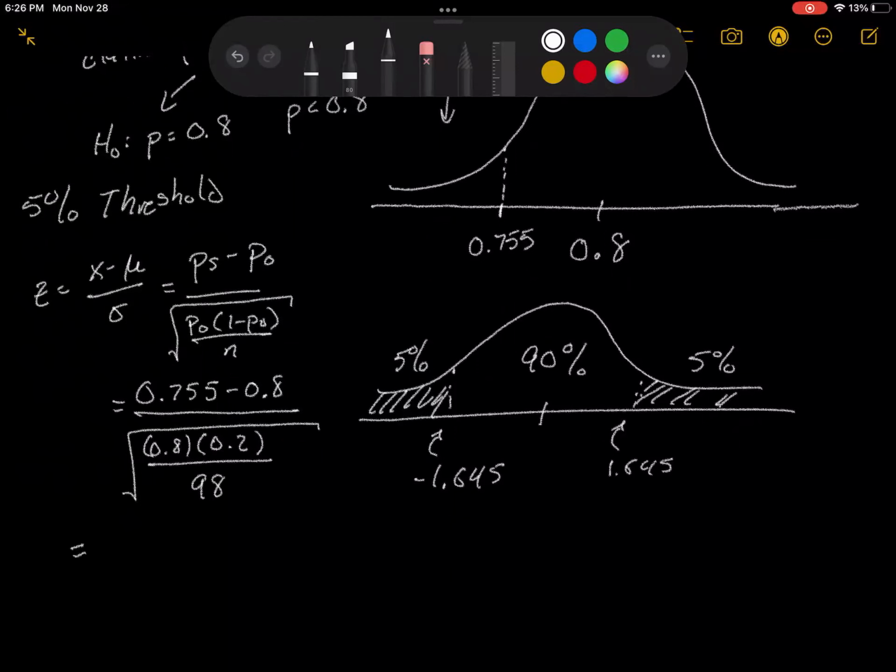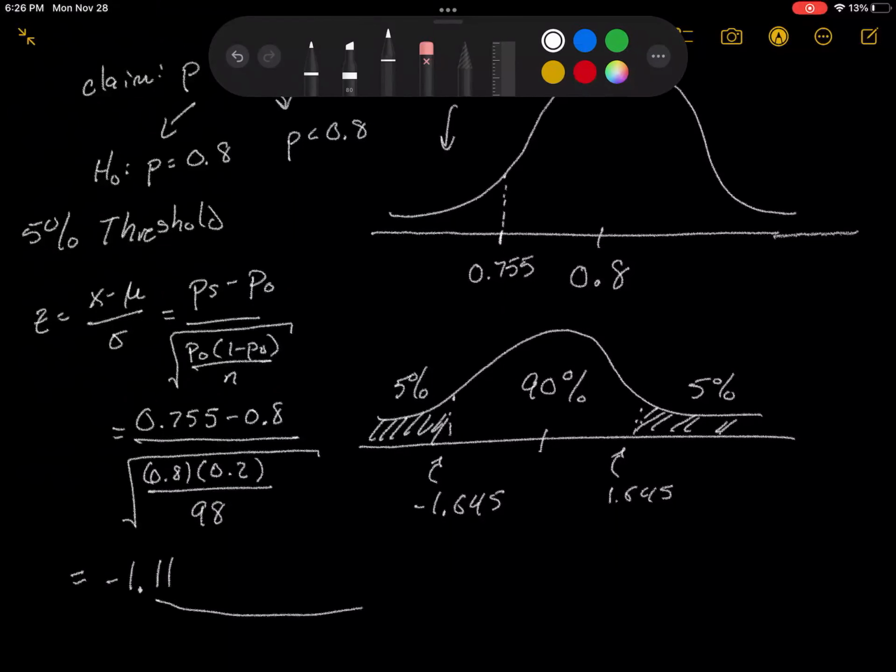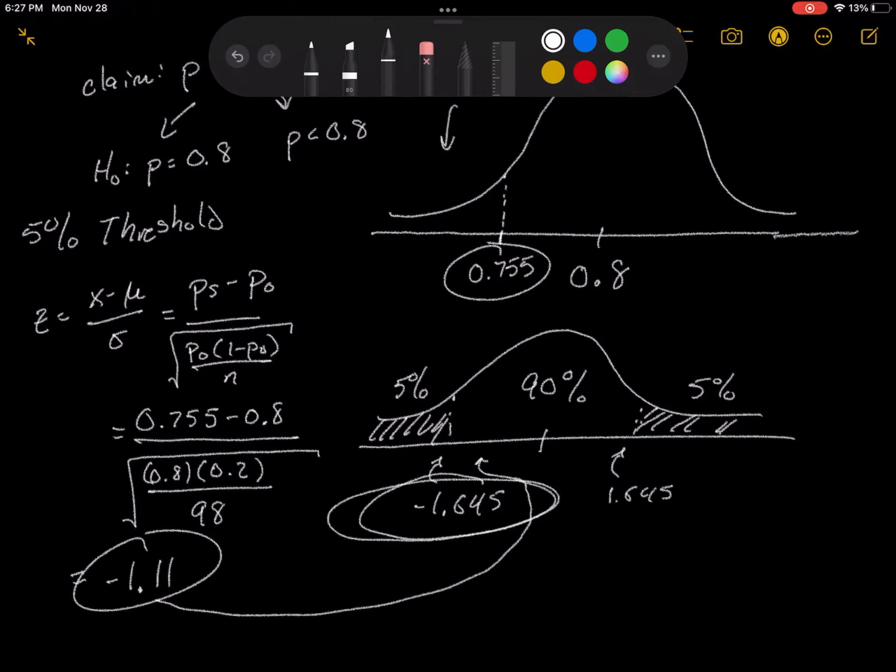So when I do this, I find a z-score that is minus 1.11, roughly. That's not quite as far as minus 1.645. So I don't meet that 5% probability threshold, right? This isn't surprising enough. The probability of obtaining this z-score has to be greater than 5% because it's not as far over as the minus 1.645 number that gave me 5%.